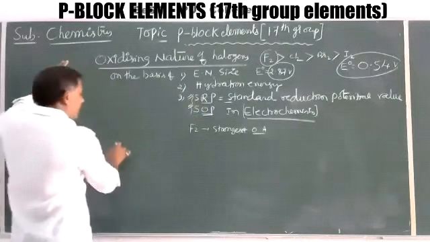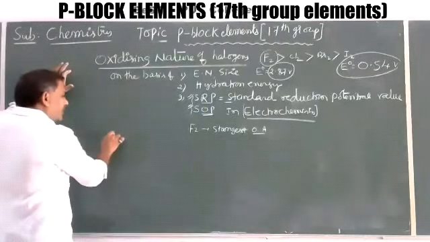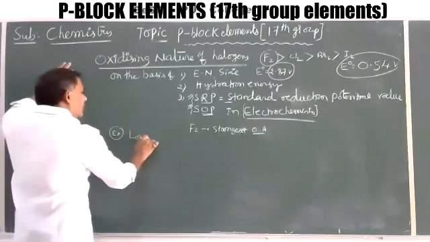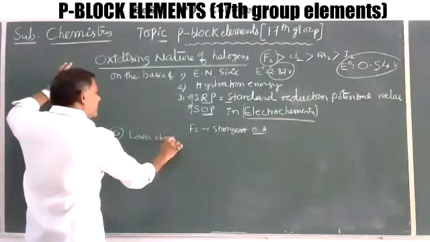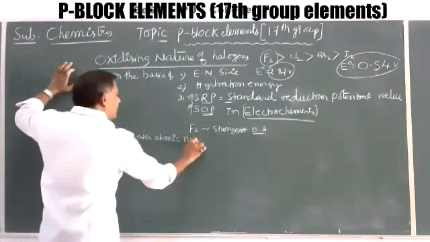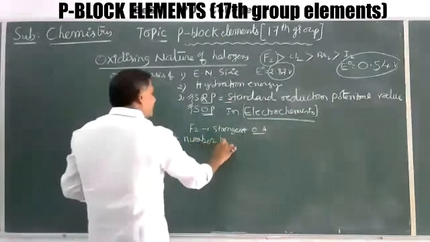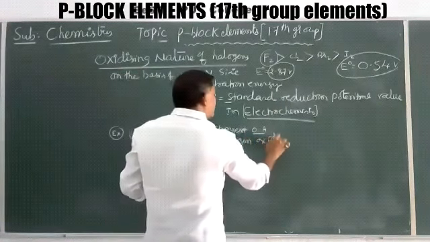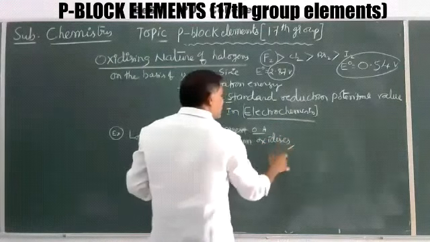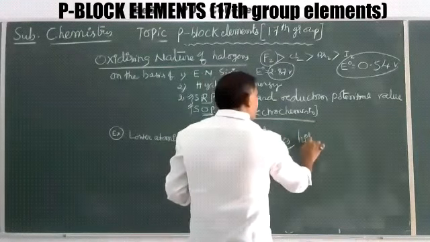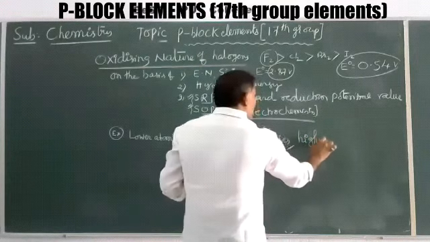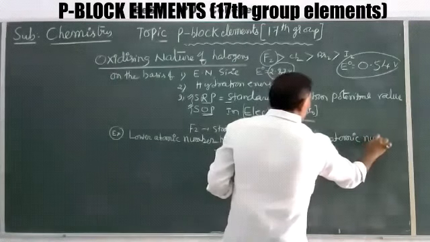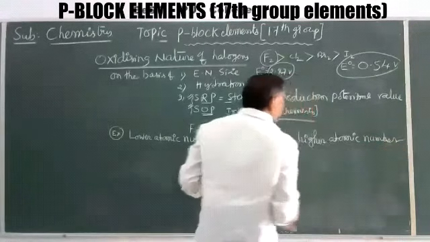On the basis of all these, an important example is here. The lower atomic number halogen oxidizes the higher atomic number halide ion.